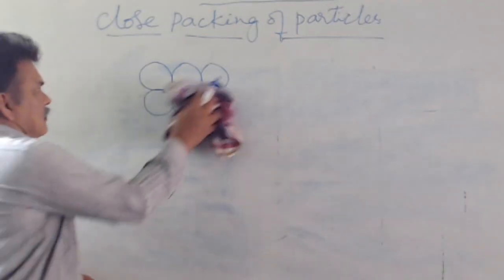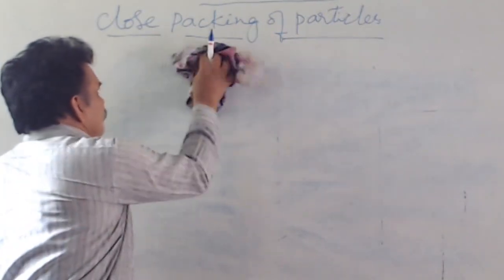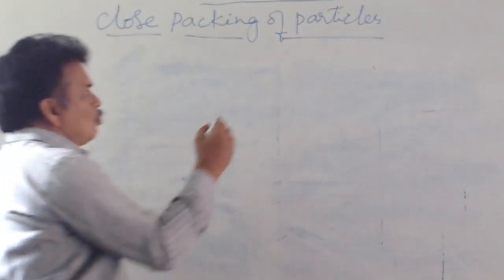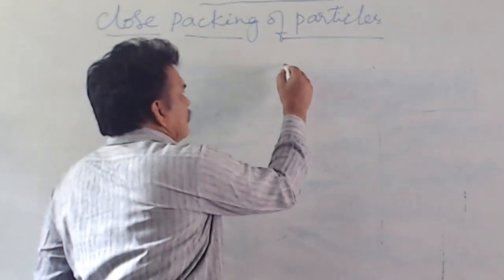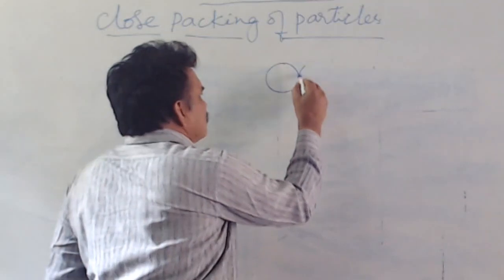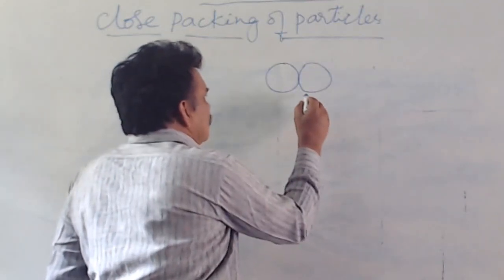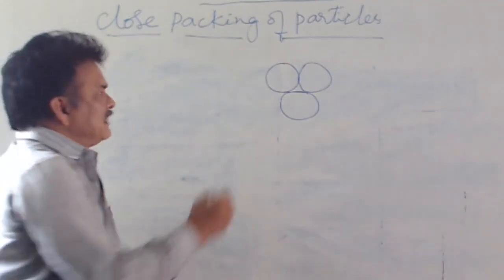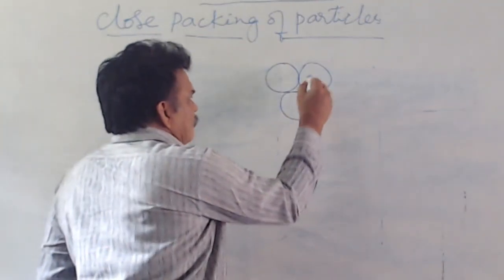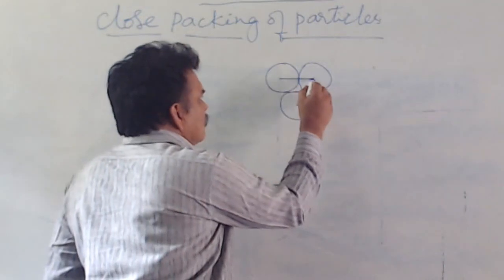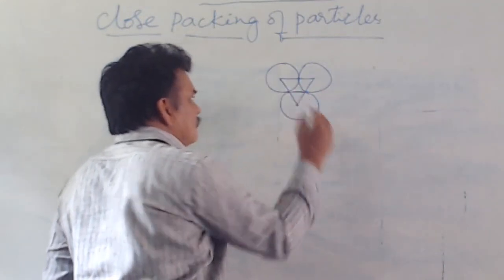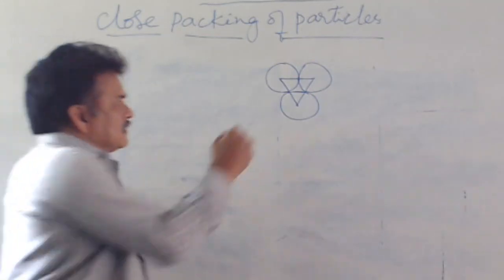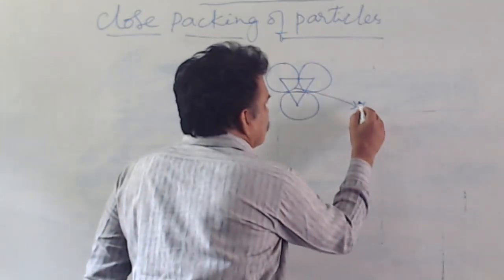There are 3 types of voids. First one is triangular void. What is meant by triangular void? When 3 spheres come in contact with each other in this pattern, if we join the centers of these particles, we will get a triangle. This is called a triangular void.